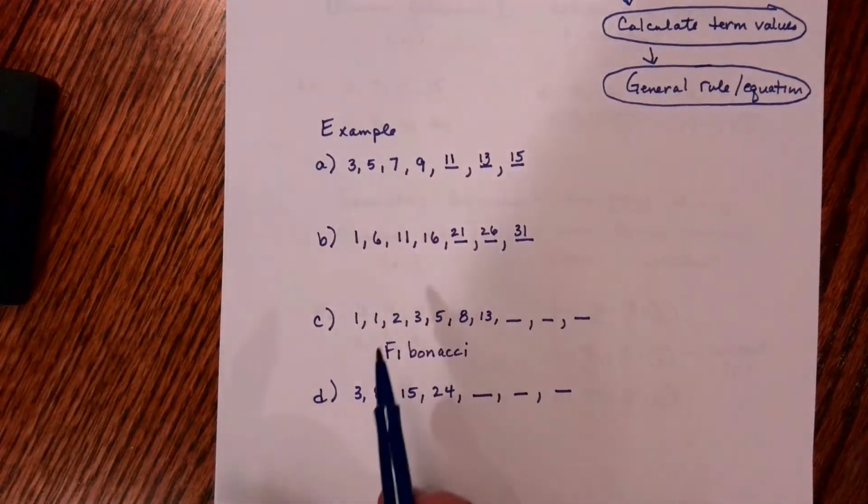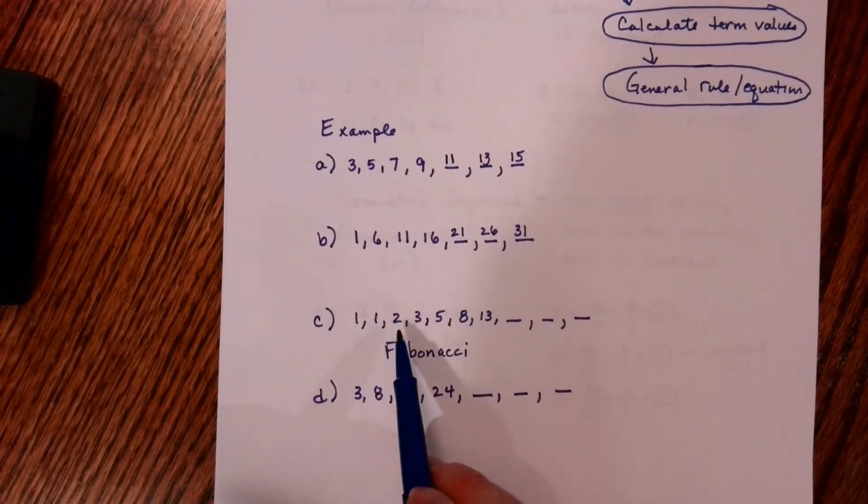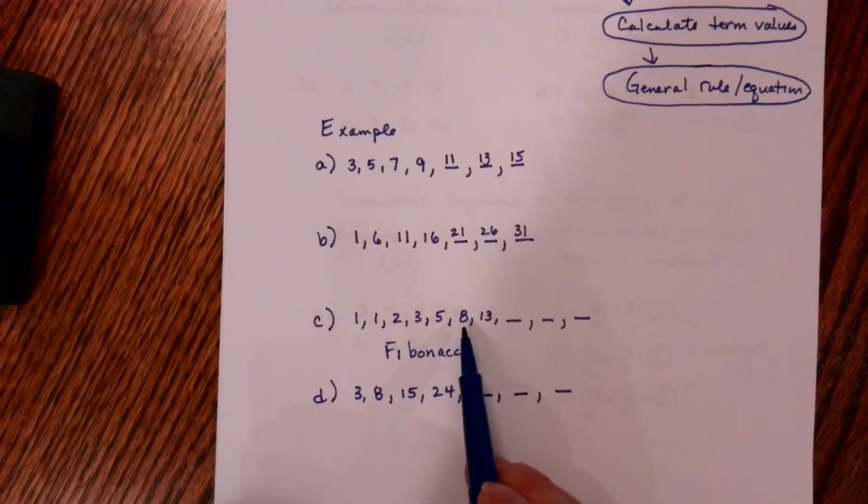In this sequence, you notice that the sum of the previous two equals the third term. So therefore 1 plus 1 equals 2, 1 plus 2 equals 3, 2 plus 3 equals 5, 3 plus 5 equals 8, 5 plus 8 equals 13.